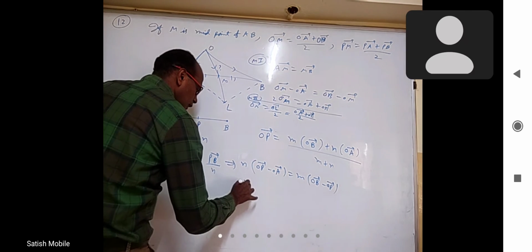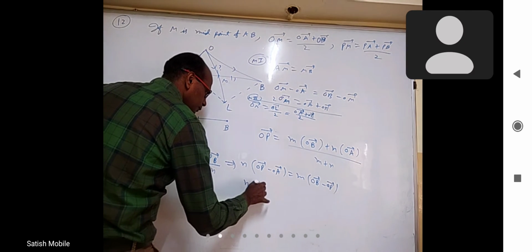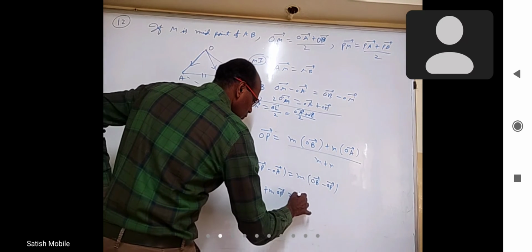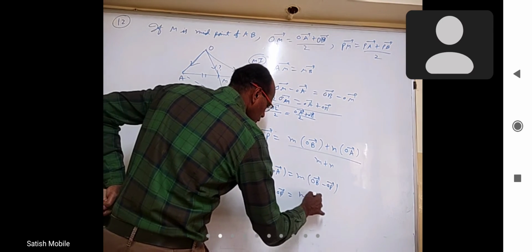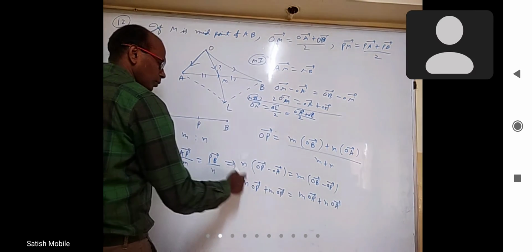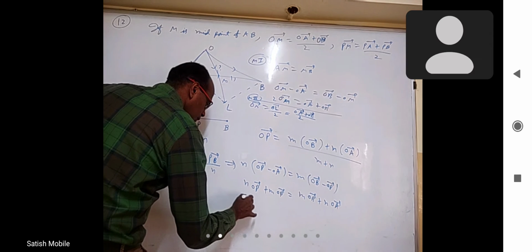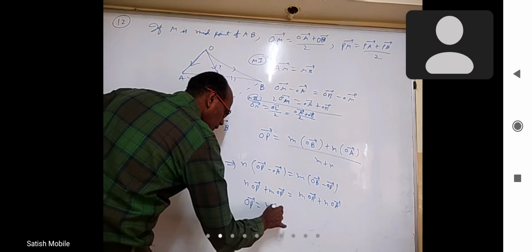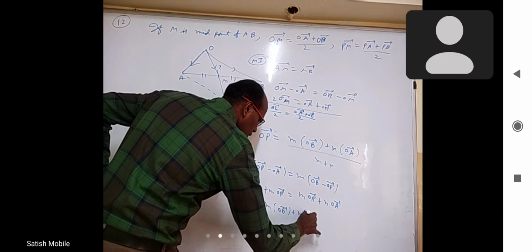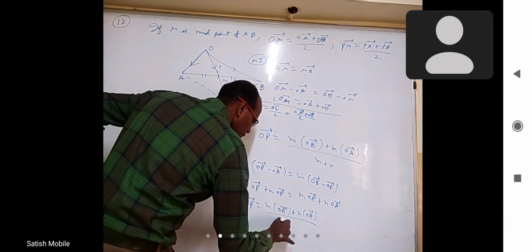So I will get n OP bar plus m OP bar equal to m OB bar plus n OA bar. You can take OP bar common and divide. You get OP bar is m into OB bar plus n into OA bar by m plus n.